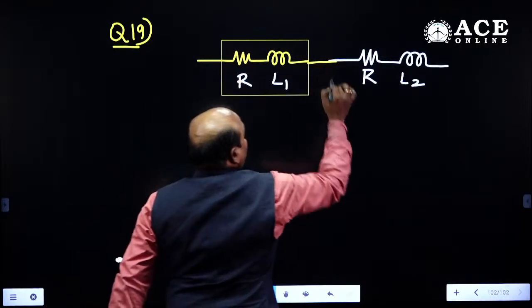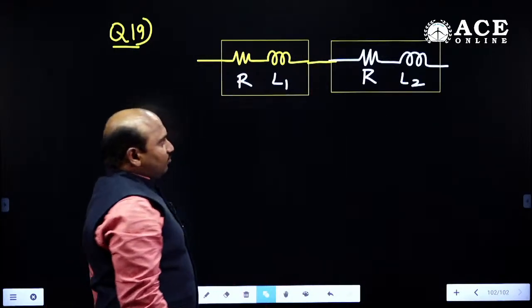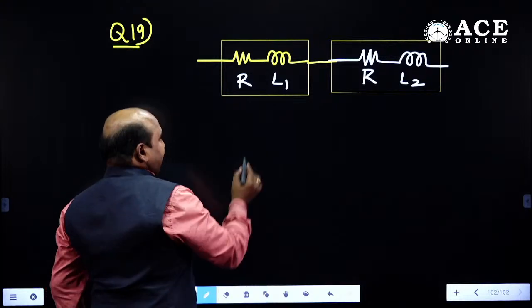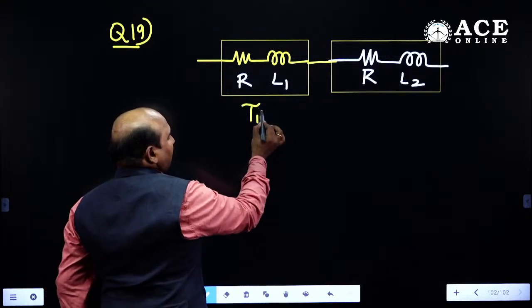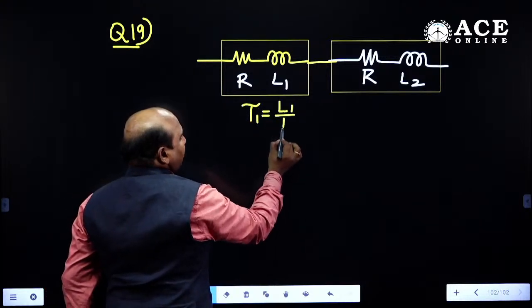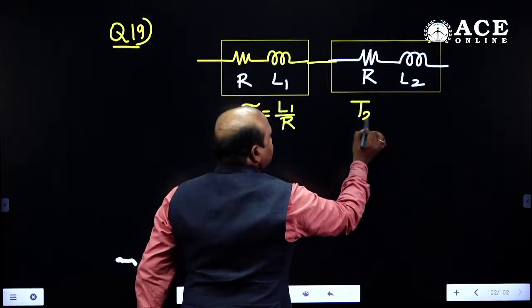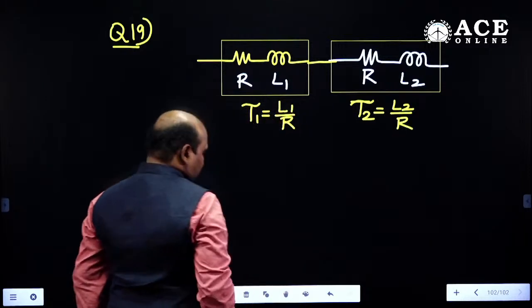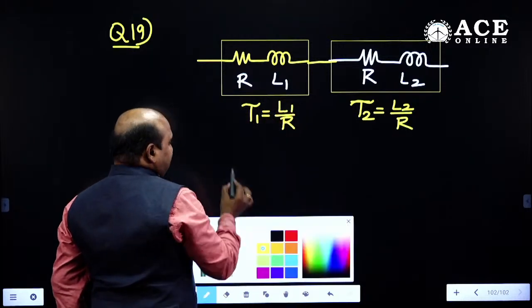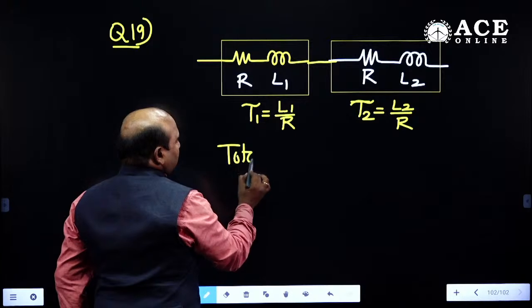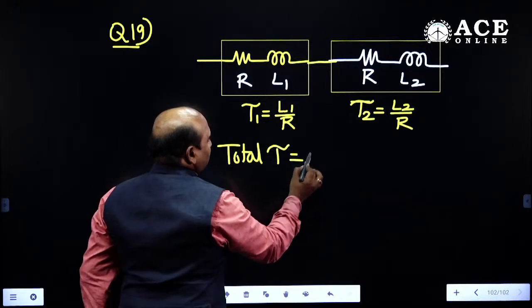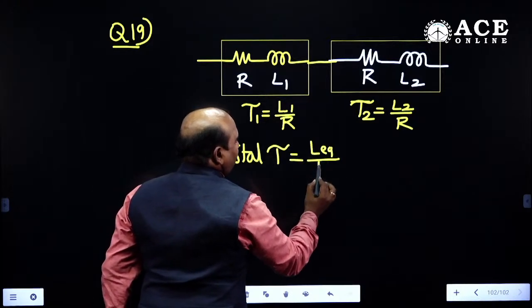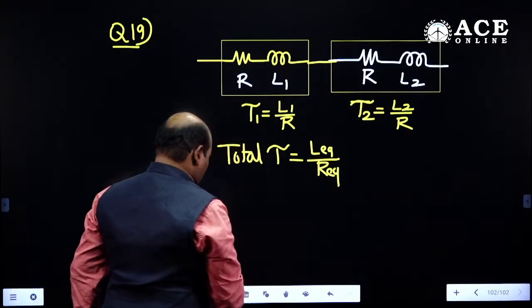When both are connected in series, I would like to define first the individual time constants: tau 1 is equal to L1 by R, and tau 2 is equal to L2 by R. When both are connected in series, the total time constant tau is equal to L equivalent by R equivalent. You know this.